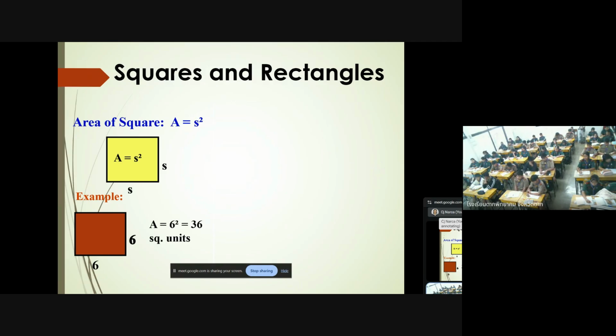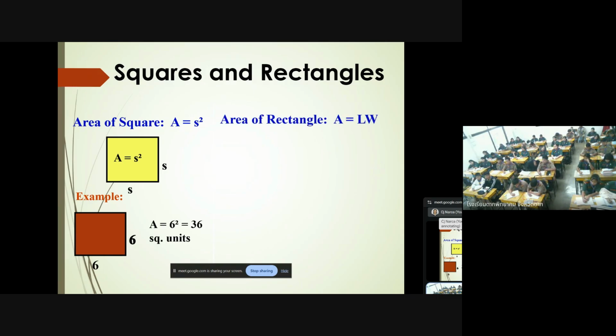How about rectangle? Do you still remember the formula for getting the area of rectangle? Length times width, very good.